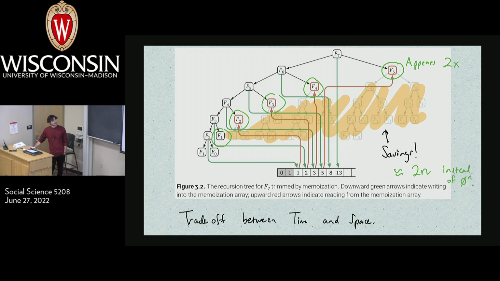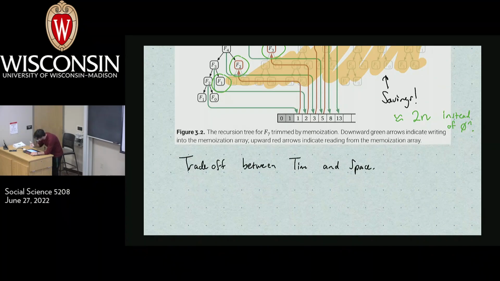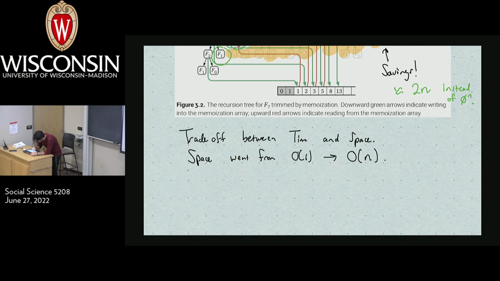So in the original, how much space are we using? Just constant. You're just saving a single number each time. Now we have to store n numbers. So our space increased from constant to linear, but our time decreased from exponential to linear.